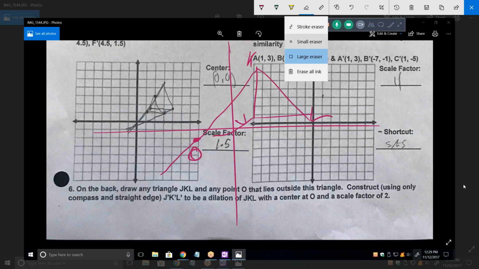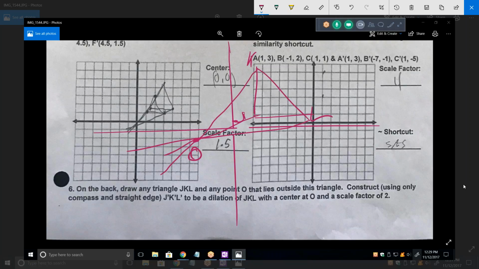I know that the original vertices all cross at the center of dilation. Remember, this is my triangle here.